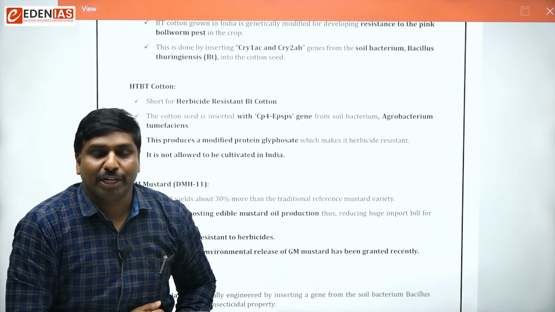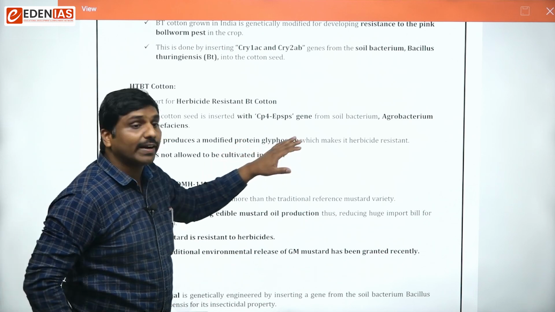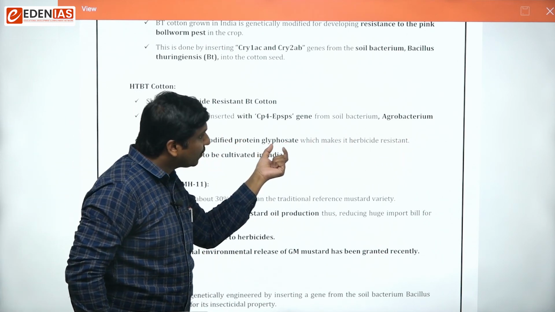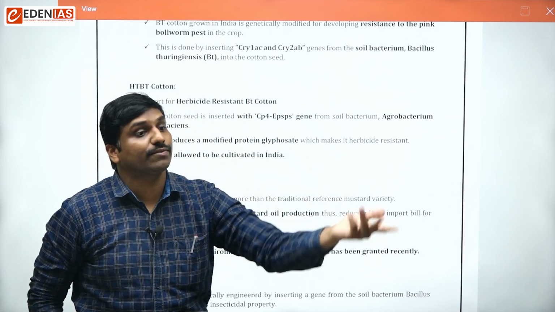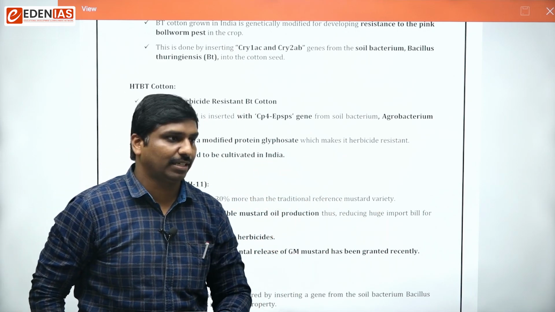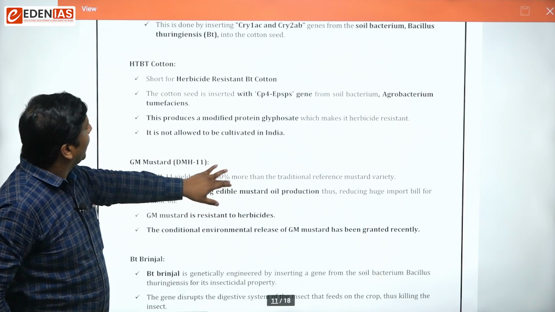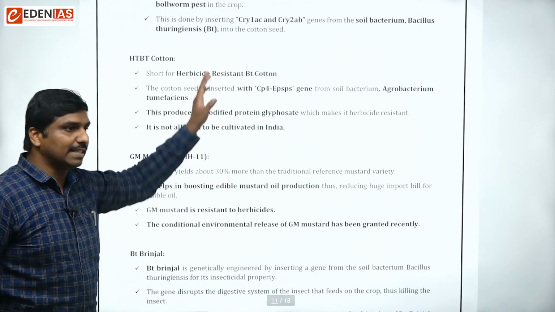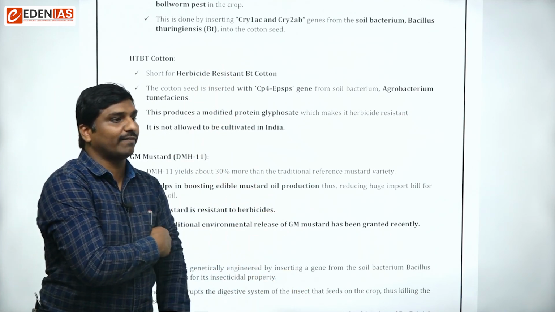So it produces a modified protein glyphosate which makes it herbicide resistant. That means glyphosate will have the ability to kill weeds, so that they cannot develop, they cannot continue like this. So that is one thing. HT-BT cotton, though it is not allowed to be cultivated in India, is another milestone with respect to genetically modified crops.